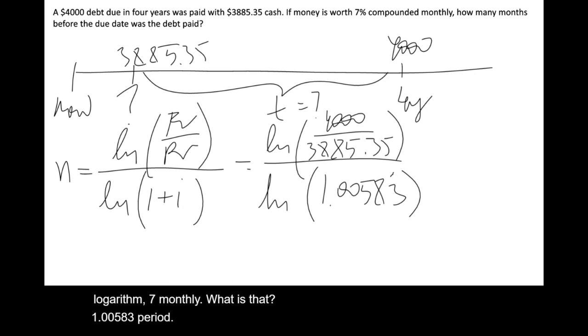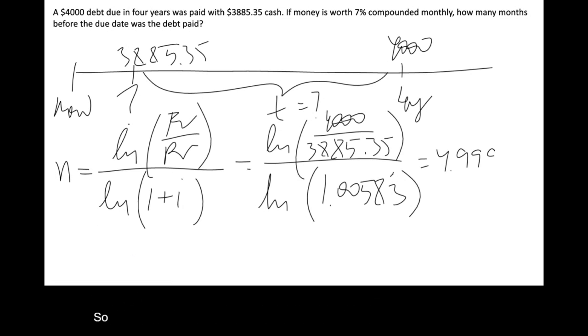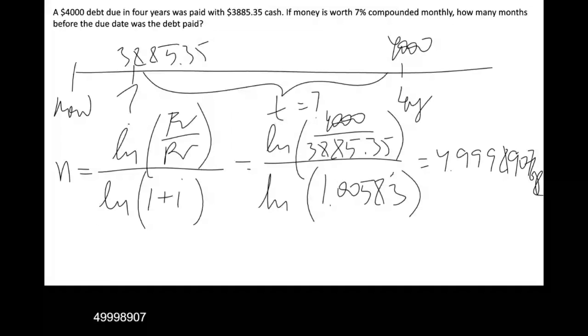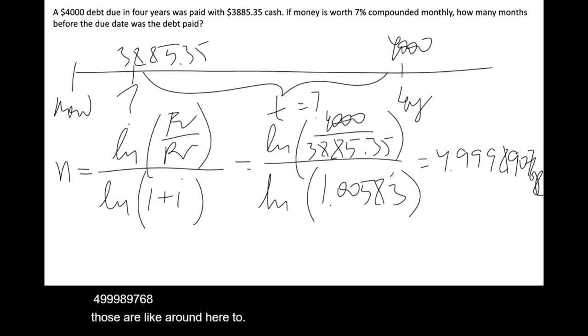That's the one. Okay, let's calculate. So 4.99989768. I can round here to 5, right? So t is 5 months.